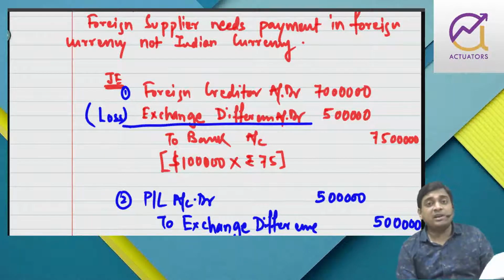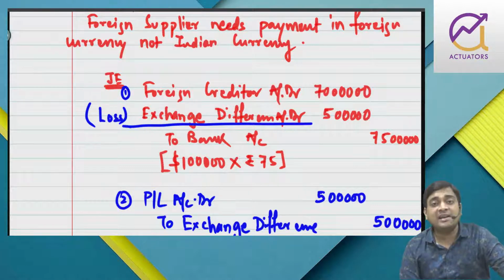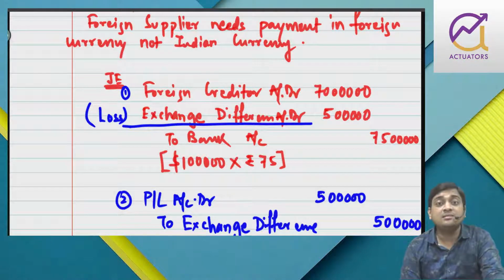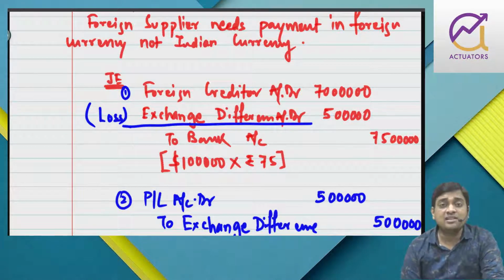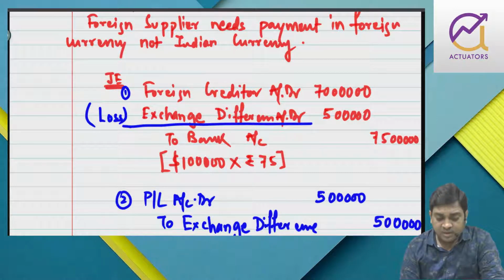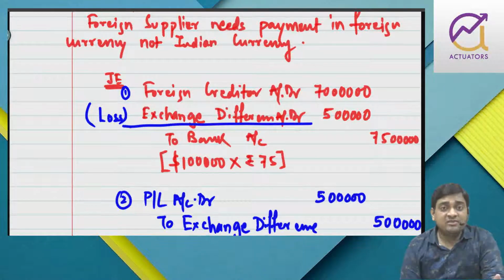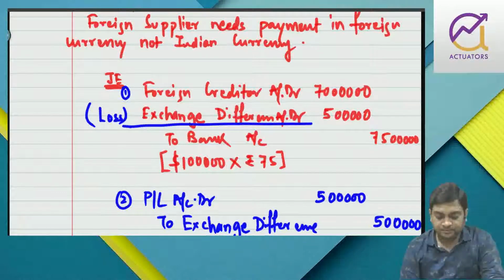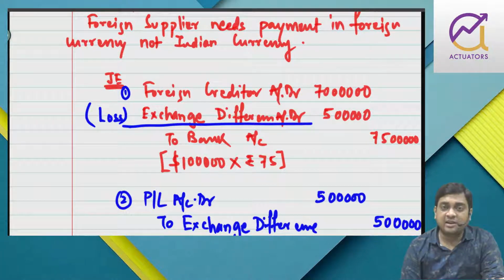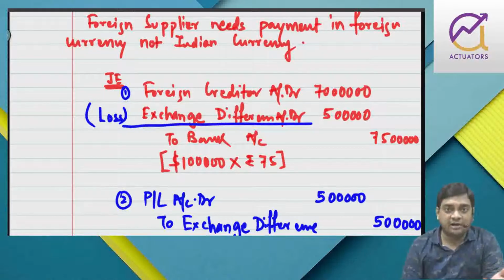So sir, this particular AS deals with when I enter transactions with foreign parties, foreign customer, foreign supplier, foreign bank. Initially that transaction will be recorded at spot rate, right? And subsequent recognition will be done at the then spot rate.